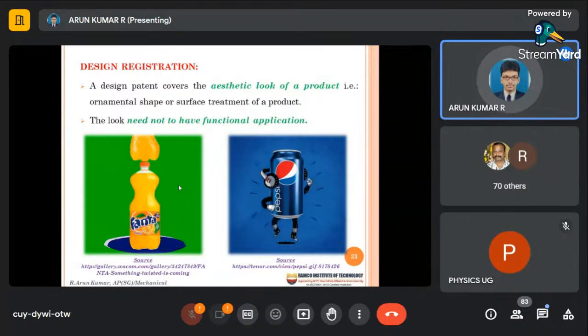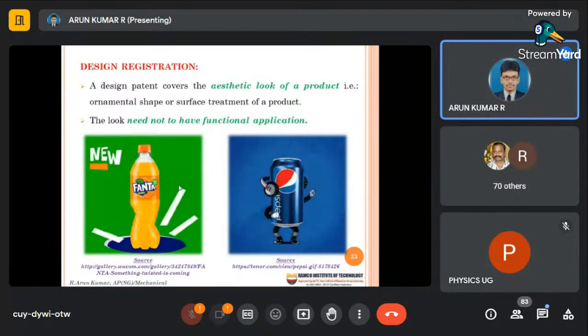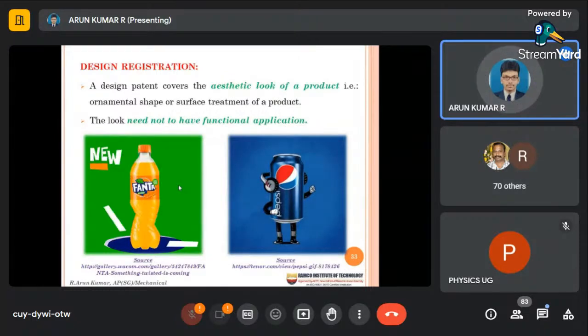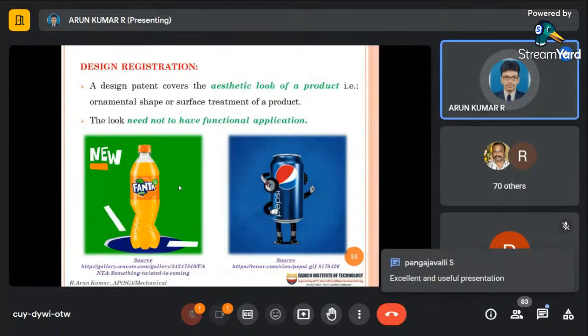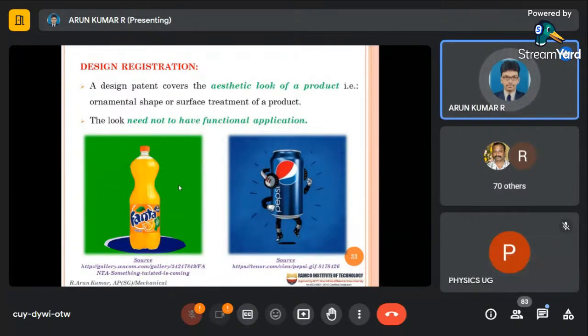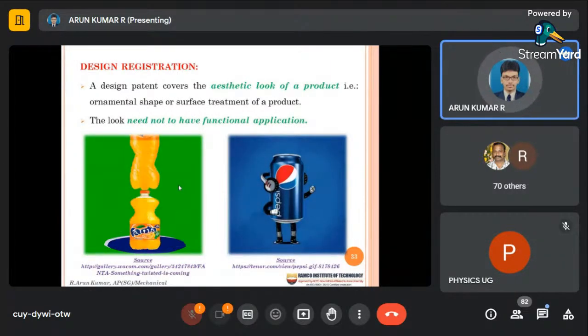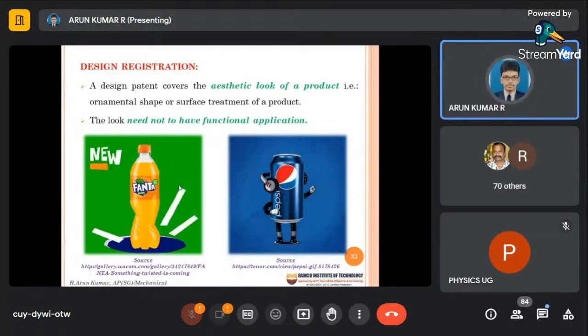For example, you have a product and you are packing it in a pack, and if that packing has a unique shape, then that can be protected under industrial design. The most important parameter here is that an industrial design need not have any functional application. The shape, the aesthetic look, can be protected under industrial design.